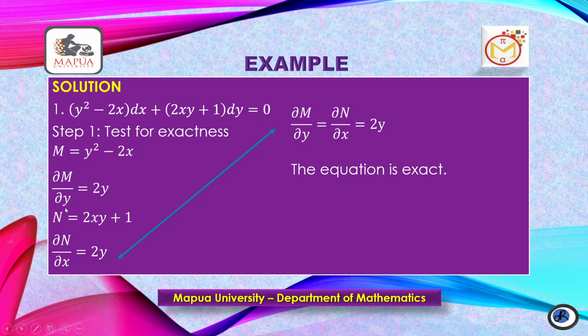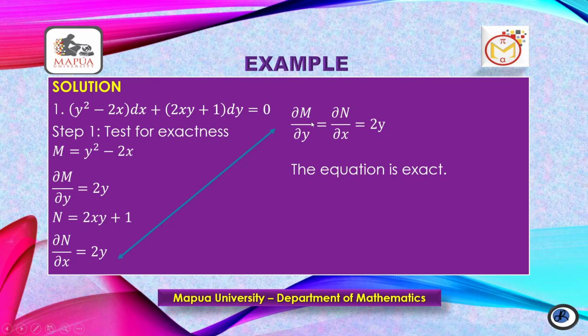For M, finding the partial derivative with respect to y means x is constant, so we only find the derivative of y squared, which is 2y, and the negative 2x is 0 as it is constant. For N, 2xy plus 1, the partial derivative with respect to x means y is constant, so the derivative of 2xy is 2y.